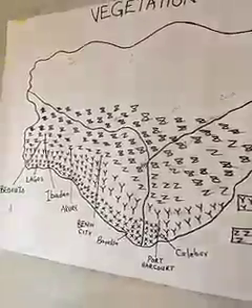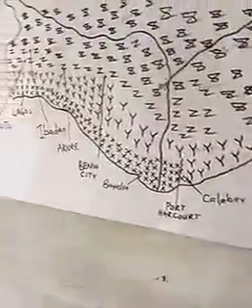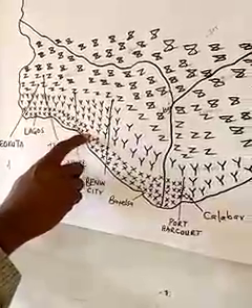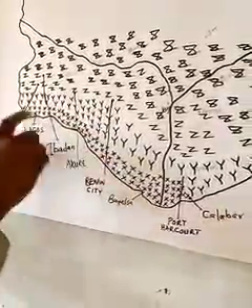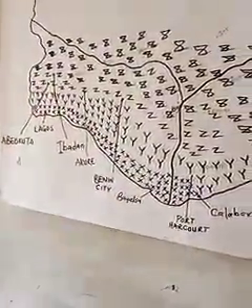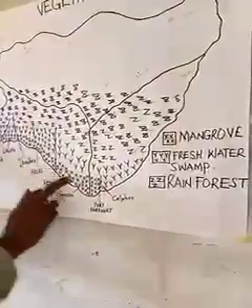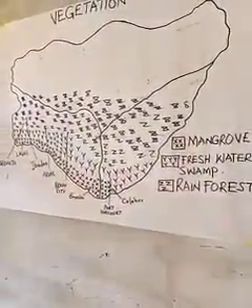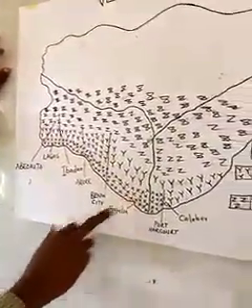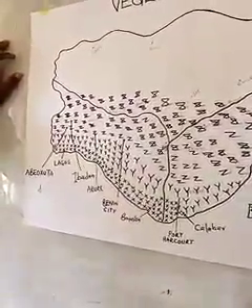And the type of tree that is found in this environment is what we refer to as rhizophora. So this type of tree is found at the intersection of land and sea, or at the intersection of land and fresh water or river.